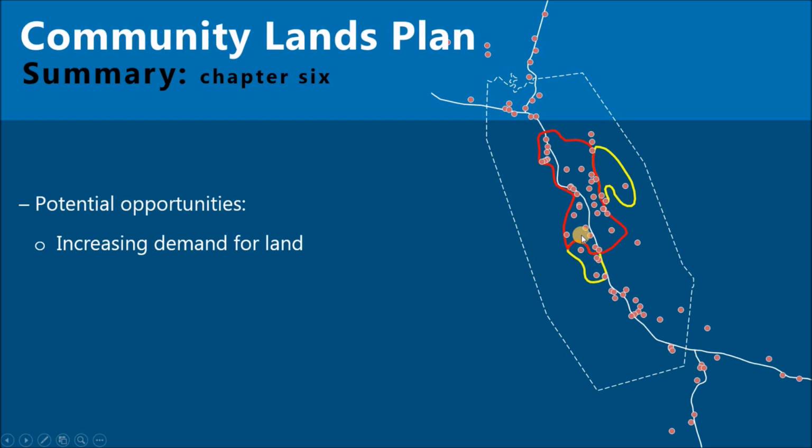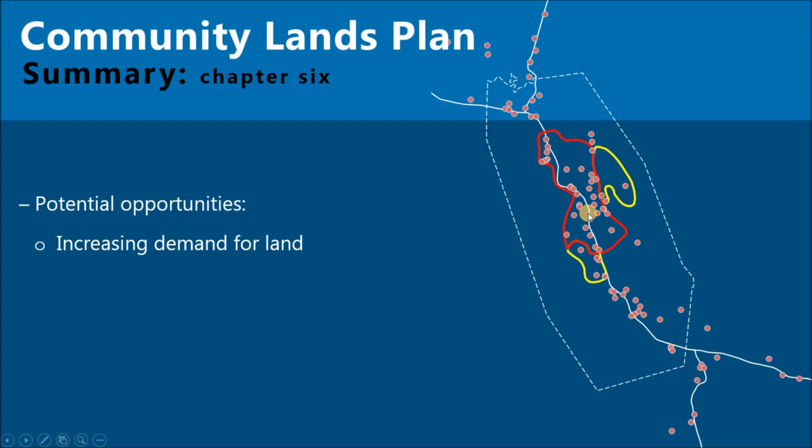So, as there is an increasing demand for land within the city of Whitehorse, that demand could potentially be accommodated on those Kwalendon parcels within the urban containment boundary. So it would mean that development could still happen within that urban containment boundary, and it would allow the city to not have to develop in these yellow outlying areas, which are very expensive to develop.